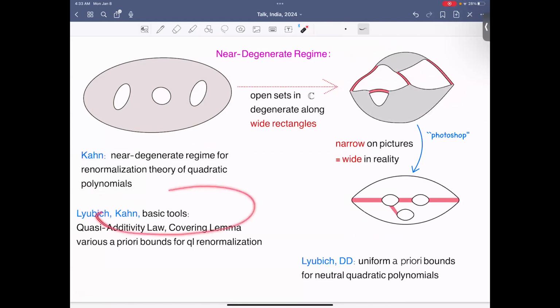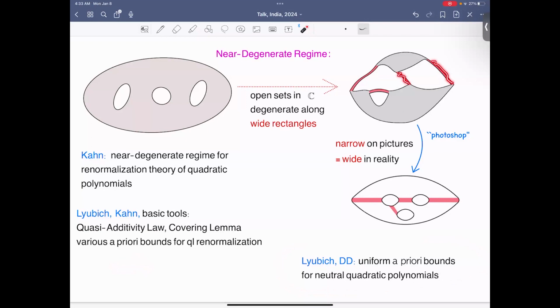Together with Misha, they introduced basic tools to work in such near-degenerate configurations, and they established various a priori bounds for quadratic-like renormalizations, with the consequence for the MLC conjecture. Together with Misha, we used the near-degenerate regime to obtain uniform a priori bounds for quadratic polynomials.